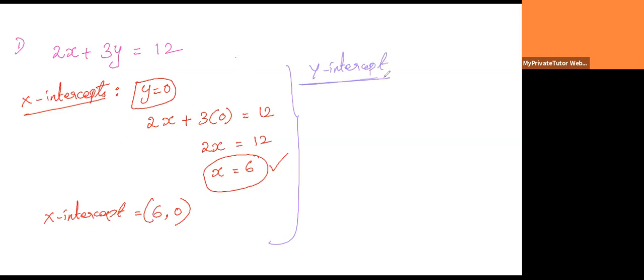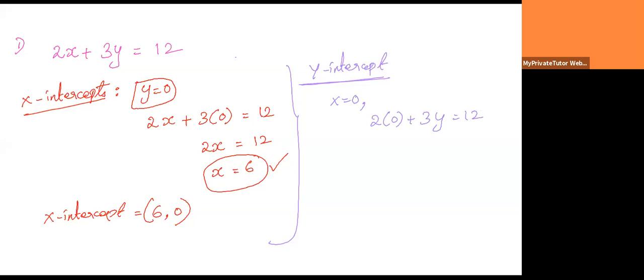I think you can use two methods. If you want, you can convert this into slope-intercept form and find the y-intercept, or else you can just substitute x equals 0, which means 2 times 0. I think someone answered 3y = 12.